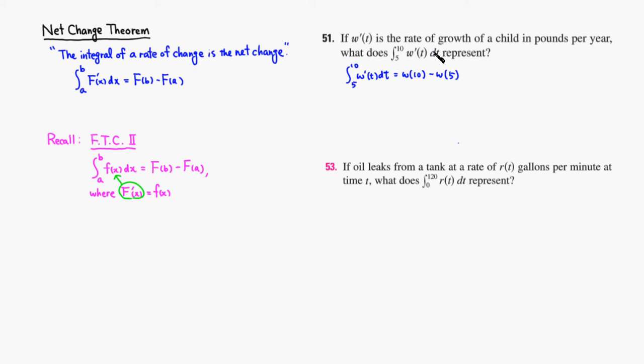W of 10 is the weight of the child when he or she is 10 years old, and W of 5 is the weight when he or she is 5 years old.